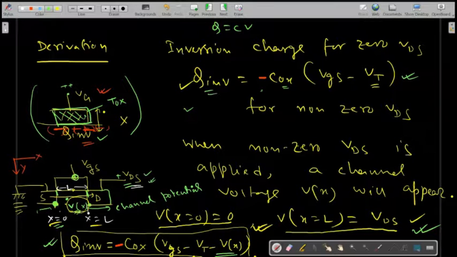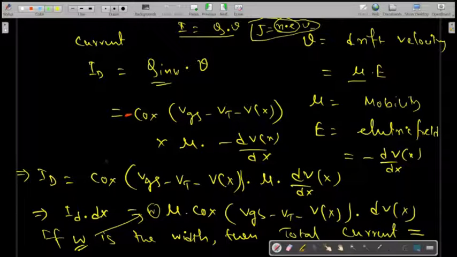So how to calculate current? The basic expression for current is I equal to Q into V. Basically it came from the current density J equal to N into E into V, where N is the carrier density and E is the electronic charge.